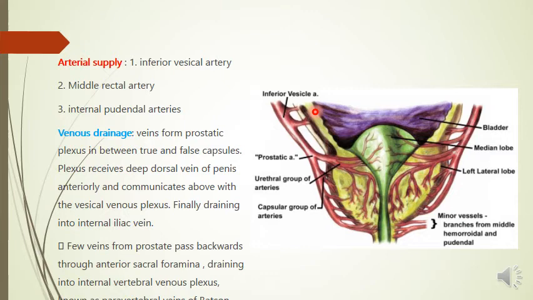So the venous drainage of the prostate is into the internal iliac vein, and a few veins from the prostate pass backwards through the anterior sacral foramina and drain into the internal vertebral venous plexuses, known as the paravertebral veins of Batson. So from the prostate, a few of the veins will drain into the internal vertebral venous plexus, and they are called the paravertebral veins of Batson.